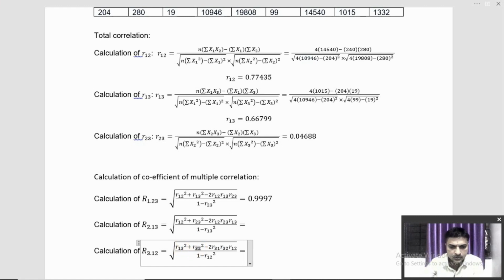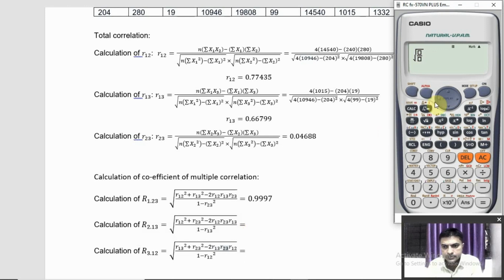So use this formula, students. Now substitute the values. R21 or R12 are the same values, so no change. Again, don't get confused. So R12 square is 0.77435, the whole square.